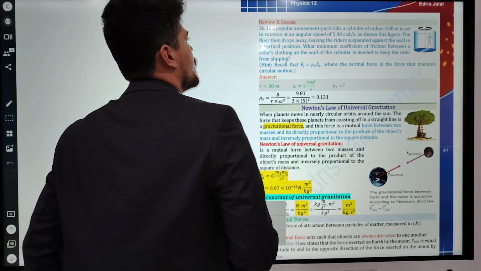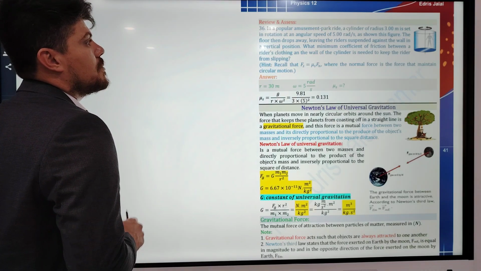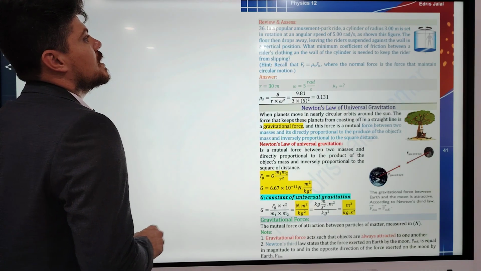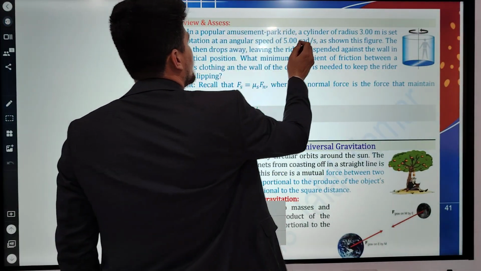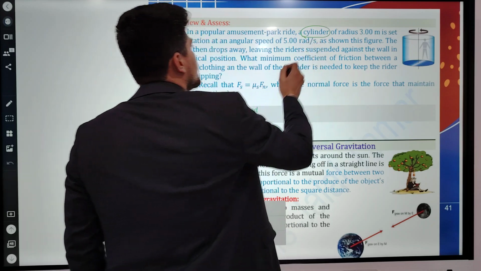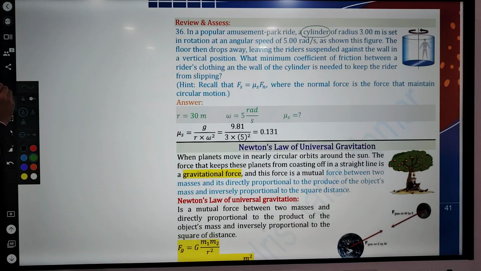Question 36 is about a popular amusement park. In a popular amusement park, there is a cylinder. What is this? Listen carefully, please. Cylinder. In a cylinder, the situation is completely different from the car moving in a circular path. Why? Because in the cylinder, I'm going to repeat the equations.